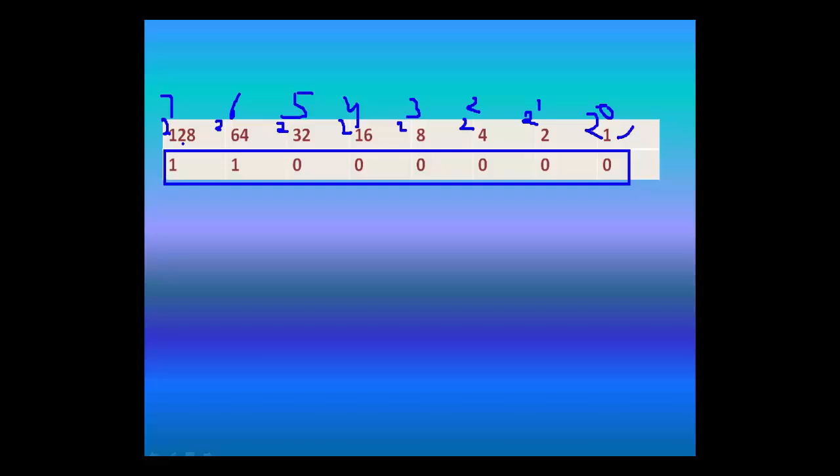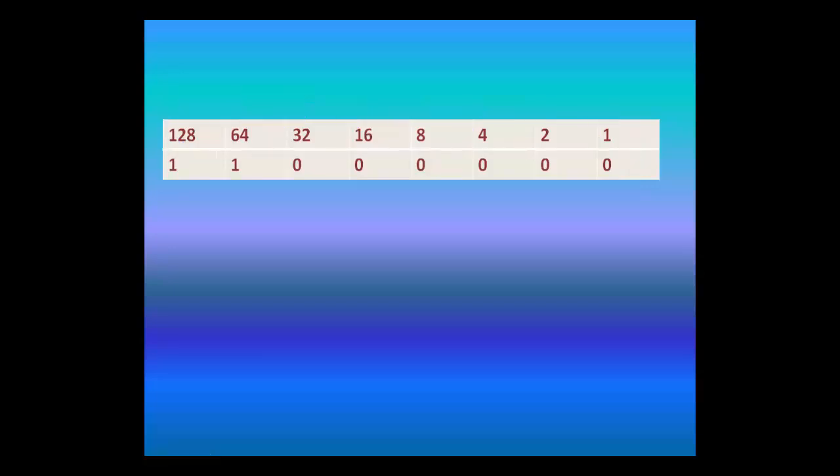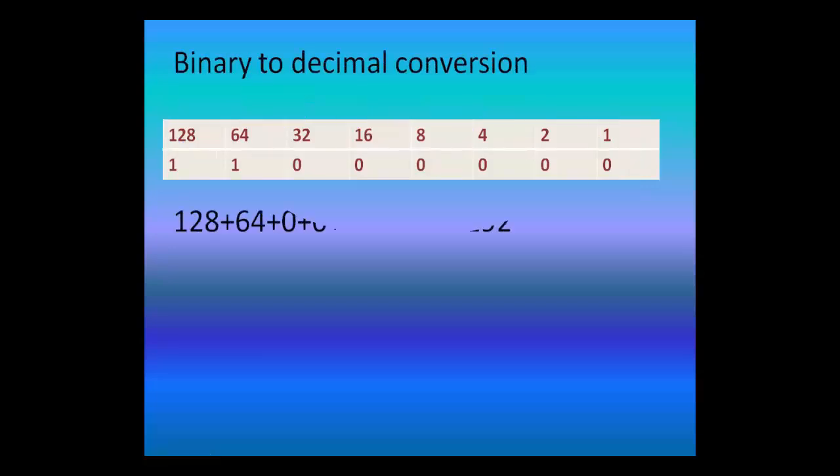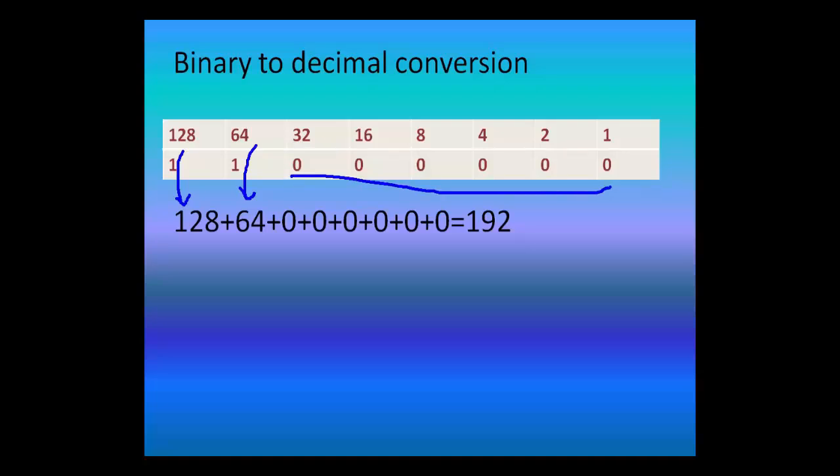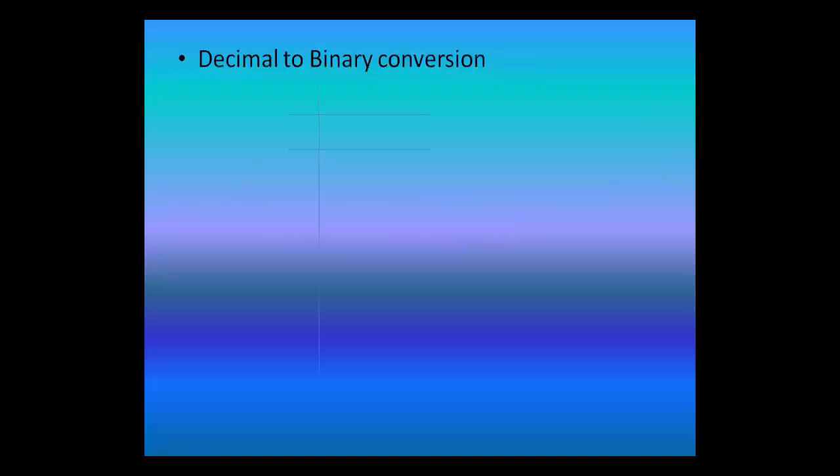So 128 multiplied by 1 becomes 128. 64 multiplied by 1 becomes 64. All the remaining are zeros, so they become 0. When we add, we get 192 back. So in this way, we can do decimal to binary and binary to decimal conversion.